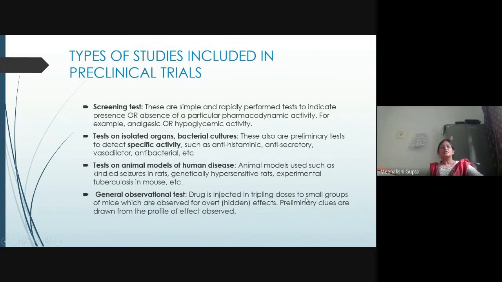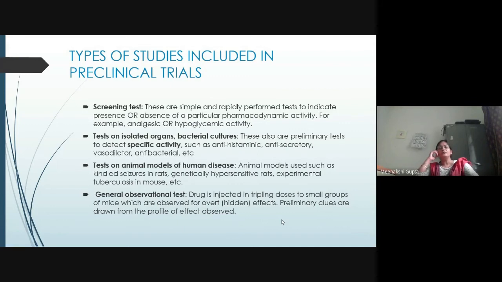Second is the test on isolated organ and bacteria culture. These are also preliminary tests to detect a specific activity, for example, antihistaminic activity, anti-secretory activity, vasodilation, or antibacterial activity.